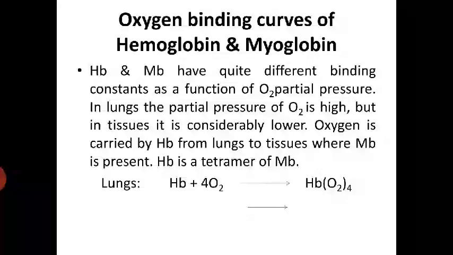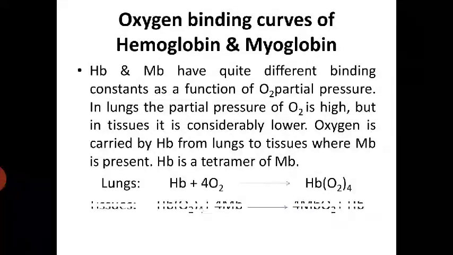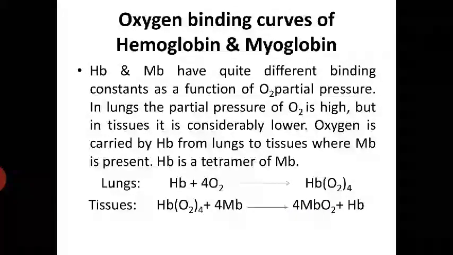In tissues it can be written as Hb(O2)4 plus 4 Mb, meaning 4 myoglobin molecules interact with oxygenated hemoglobin to give 4 MbO2, that means 4 oxygenated myoglobins, where hemoglobin is free from oxygen.